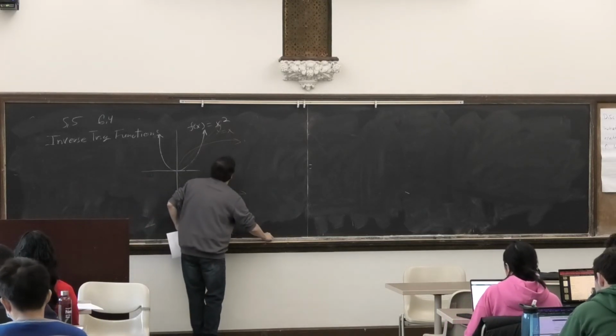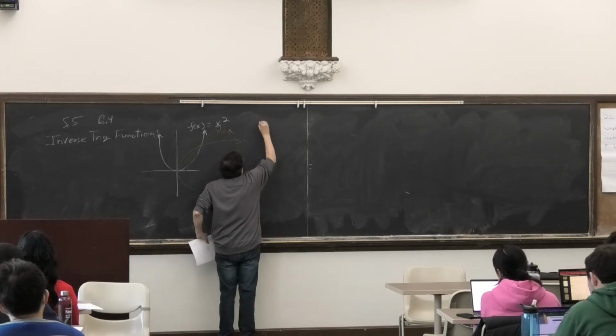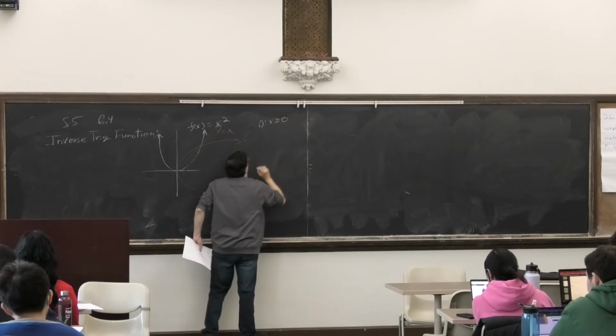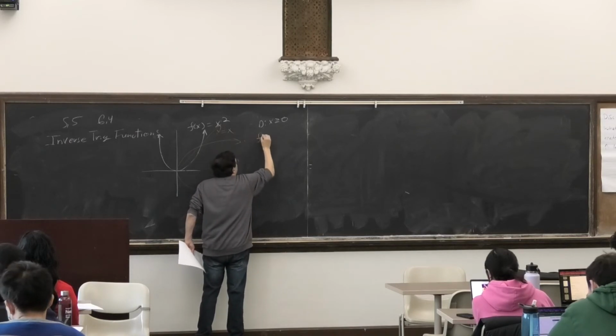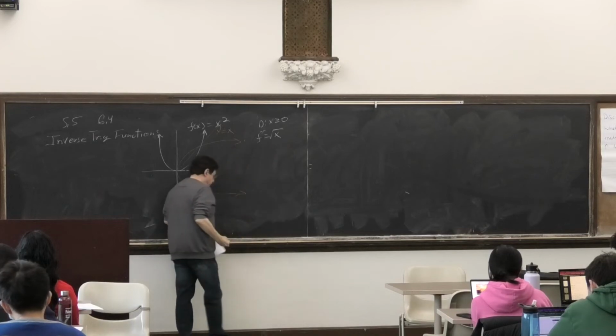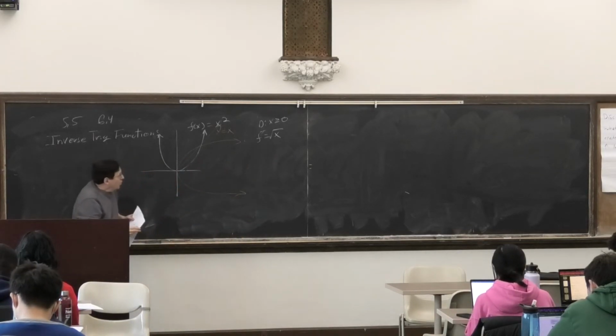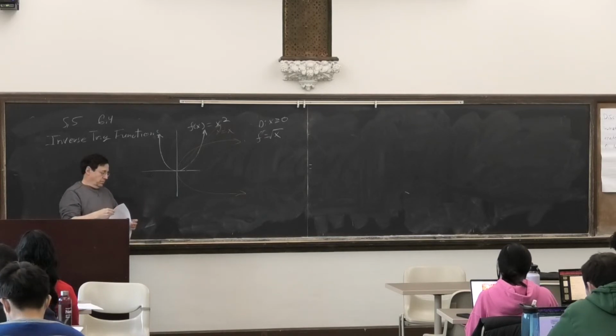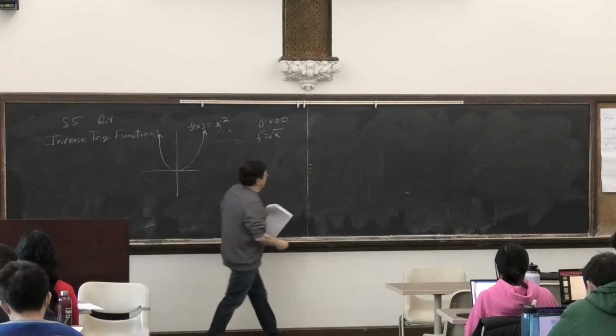We just say, all right, domain is x greater than or equal to 0. So now our inverse is the square root of x. We have the same problem, only to a greater degree with trig functions.